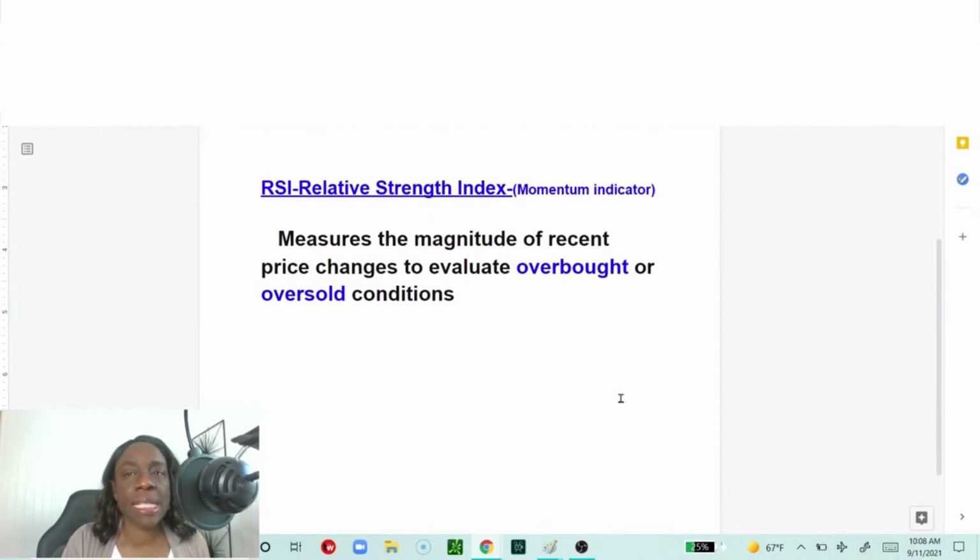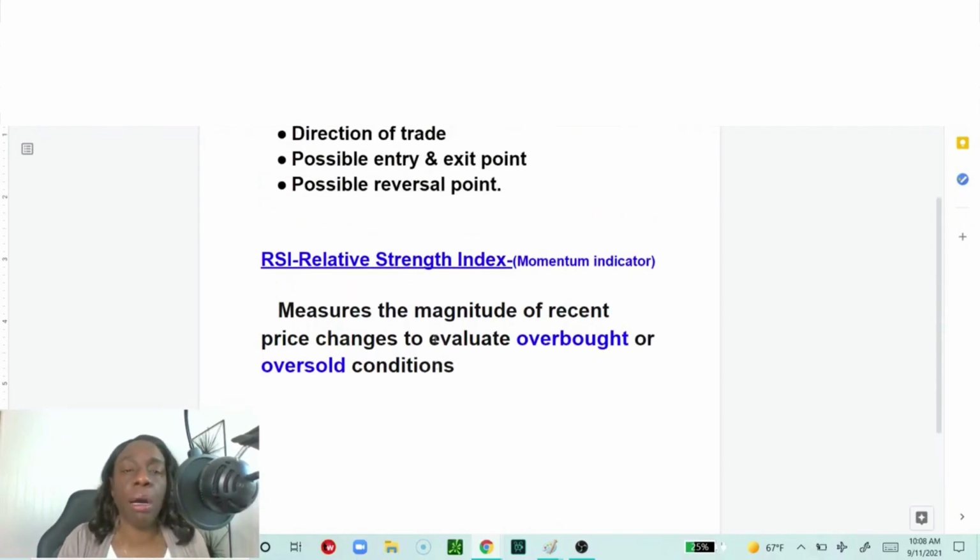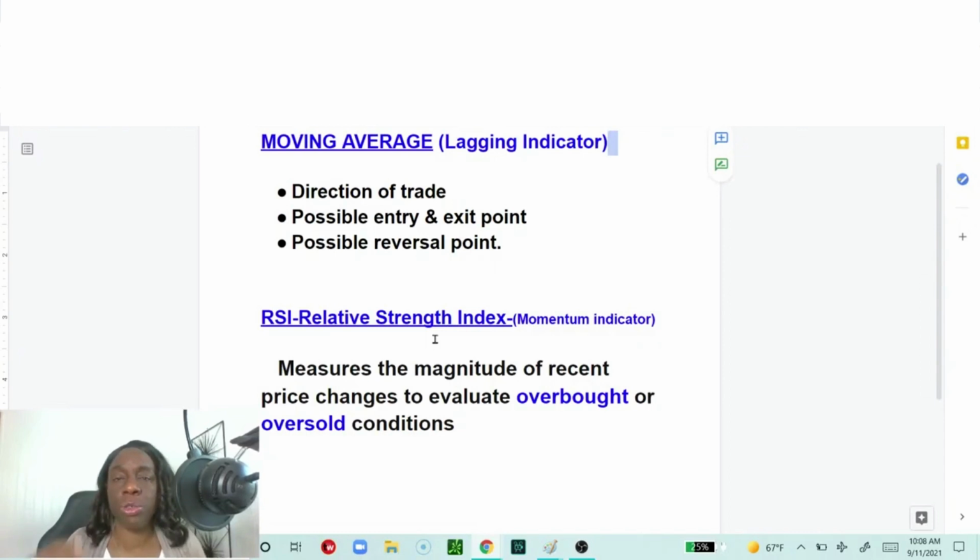So what it does is, just like I wrote here, it measures the magnitude of recent price changes to evaluate overbought or oversold conditions. So these two points, being the point of being overbought and a point of being oversold, are two setups that can inform us of how we want to trade.